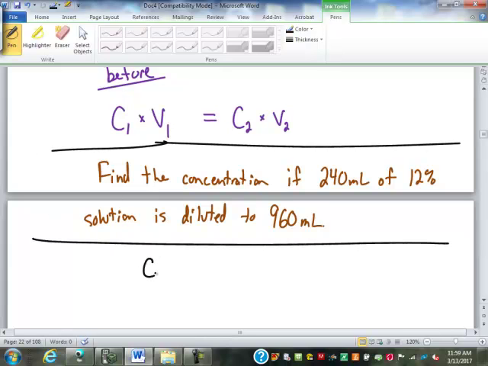So our formula C1 V1 equals C2 V2. That formula, by the way, might look familiar. It was one of your formulas that you had to solve by rearranging the letters on the last test.